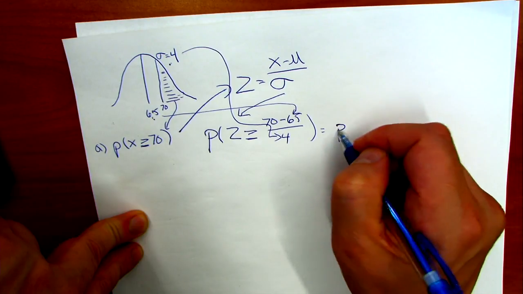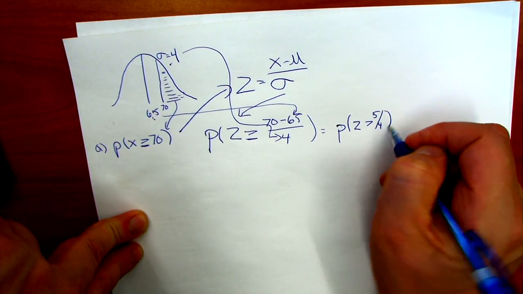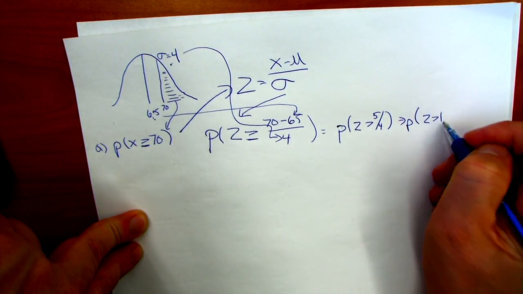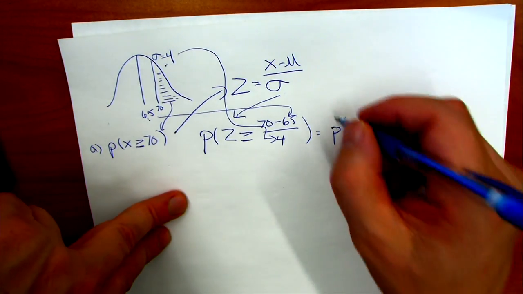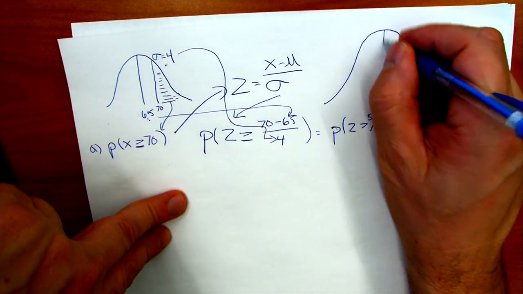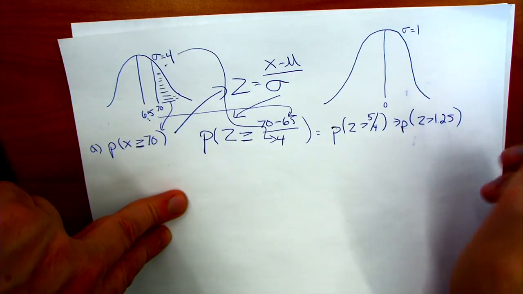So keep going with the math. The probability z is greater than 5 over 4, or the probability that z is greater than 1.25. Okay, so let's draw the z curve. The standard normal curve has a mean of 0 and a standard deviation of 1.